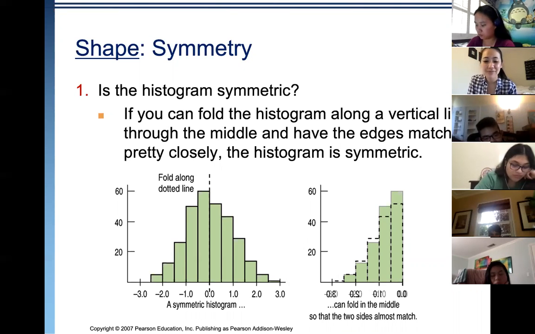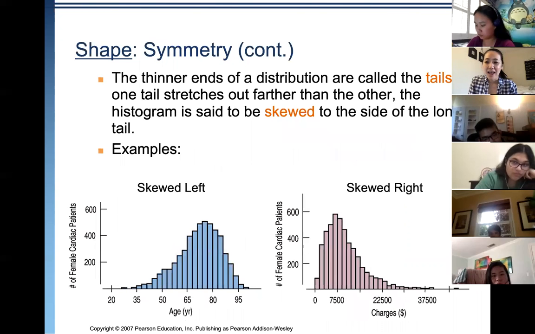If it's not symmetric, typically it's going to be either skewed left or skewed right, and you want to specify which. How I remember which one is which is to follow the tail.